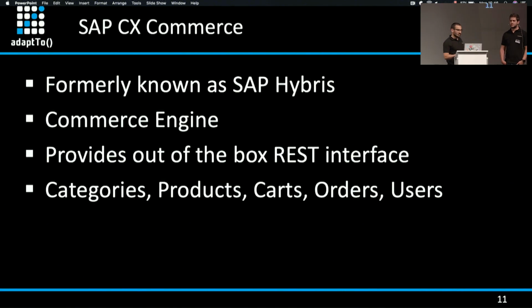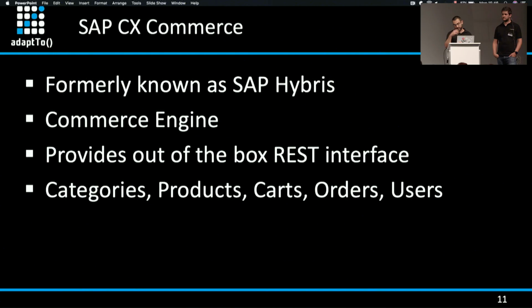Okay, so pretty cool, right? So what can we do with it apart from just justifying code or justifying some JSON lines? As we were mentioning, we want to connect the Adobe Experience Cloud with the SAP CX Commerce or Hybris, which is a commerce engine and already provides us a REST interface out of the box.